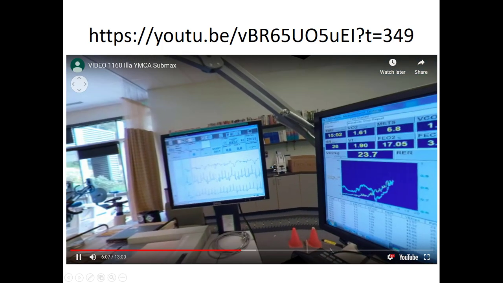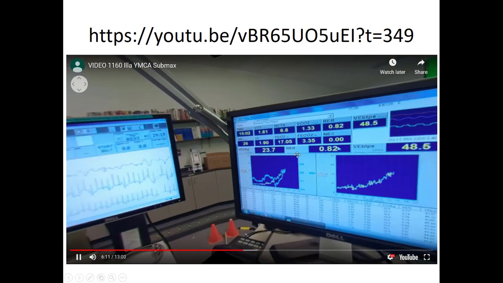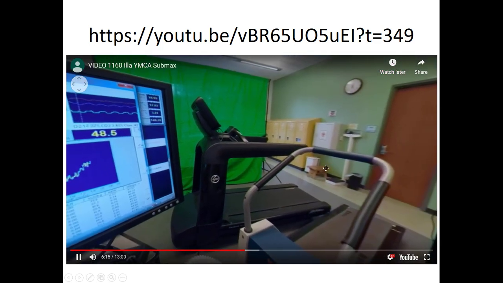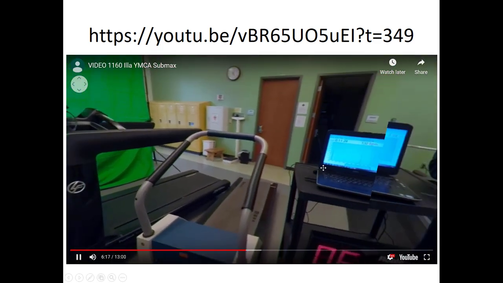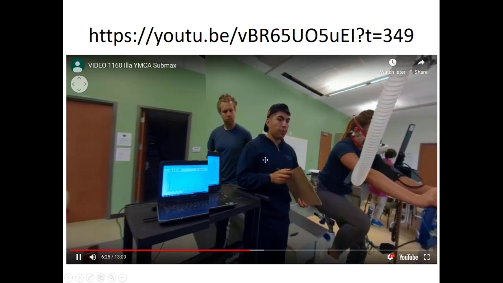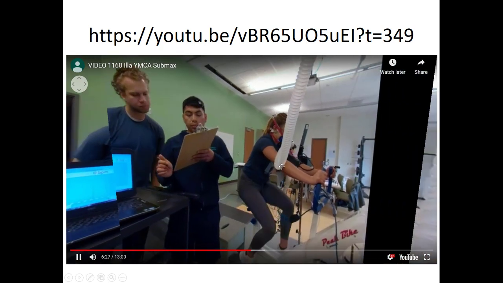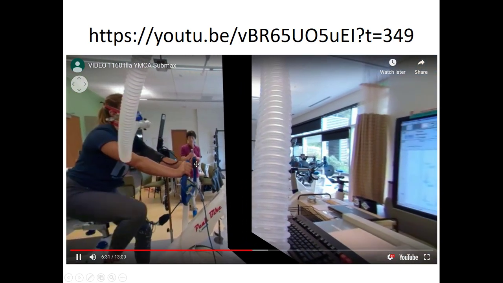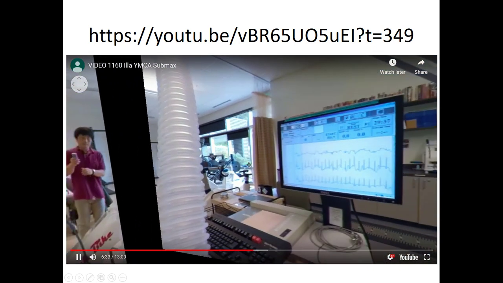And this is EKG, so we can get EKG during exercise. If you see, there is polar heart rate data here, but we cannot get really good data, right? Because during exercise, measuring heart rate is not really easy, so we can get really good data using EKG.